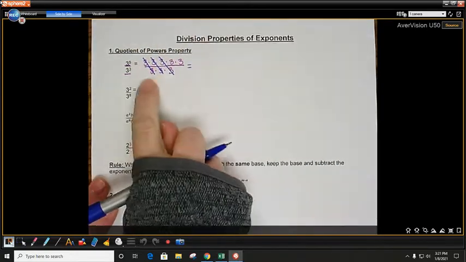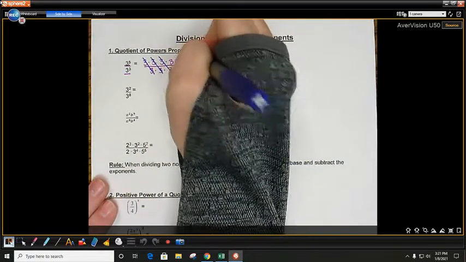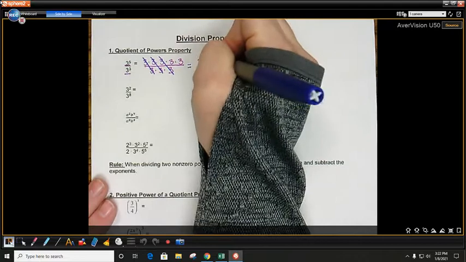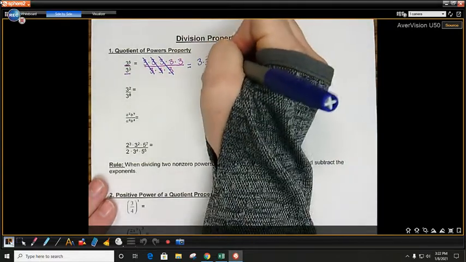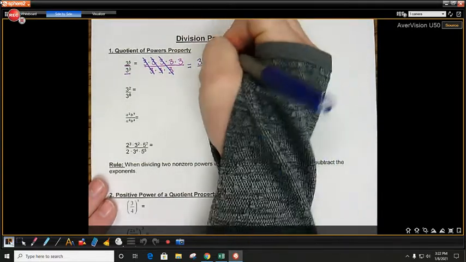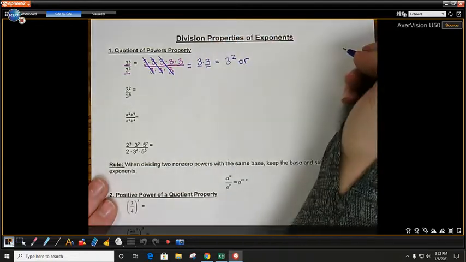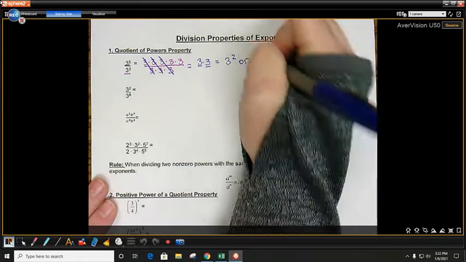So I'm left with nothing in the denominator, and I'm left with 3 times 3 in the numerator. Since I don't have anything left in the denominator, I don't need a fraction bar. I don't need a denominator. Well, 3 times 3, there's 1, 2 of them, so that could be 3 squared. Or we know 3 squared, or 3 times 3, is 9.